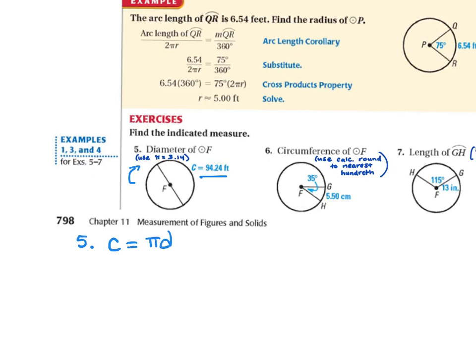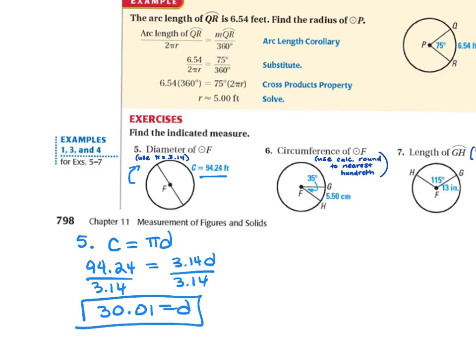So I'm going to replace the value of the circumference, which is 94.24, and replace pi with 3.14 and leave the variable d, which is my diameter. In order to find the length of the diameter, I'm going to divide both sides by 3.14. And that tells me that when I divide that, I'm going to get 30.01 is equal to d.